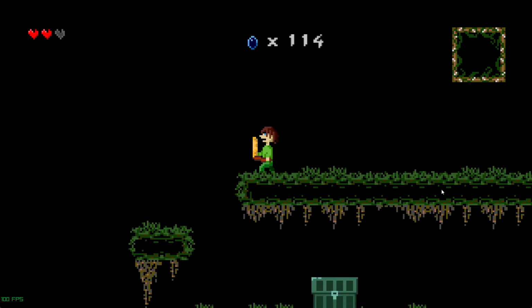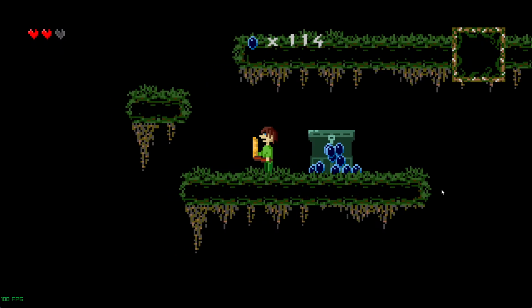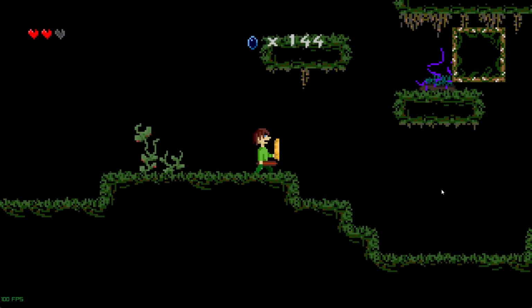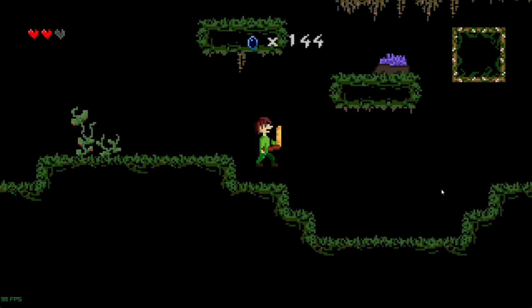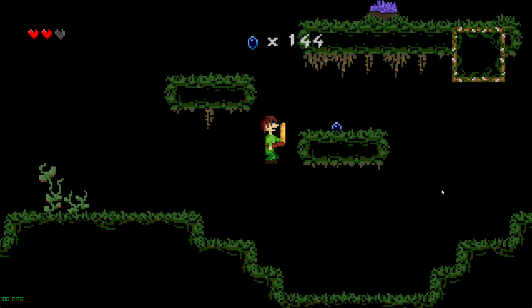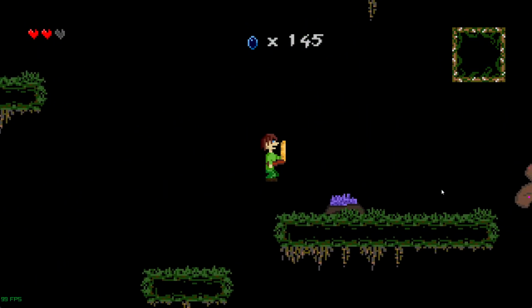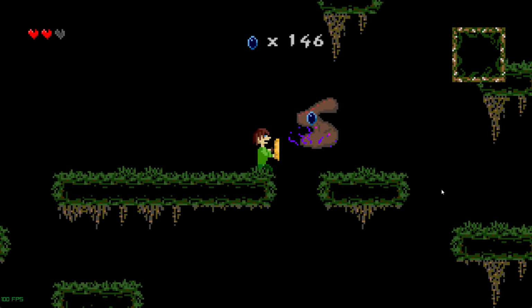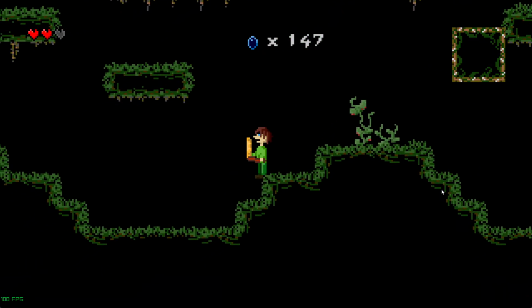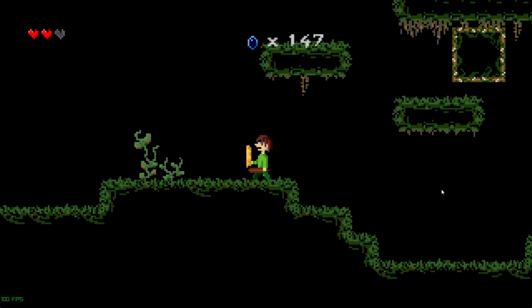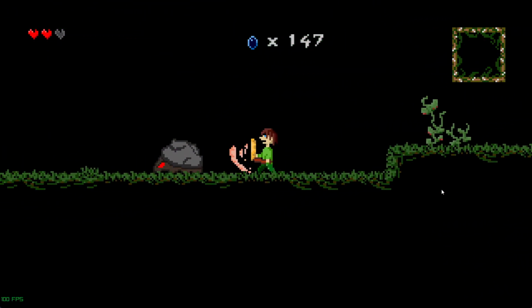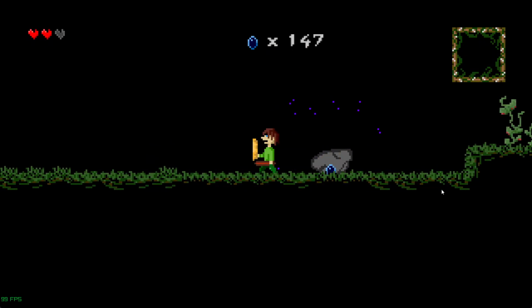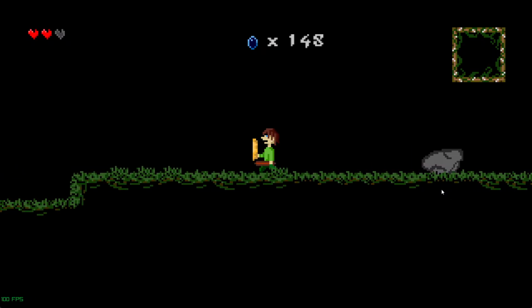I was debugging those guys earlier. I mean, it's kind of fun, actually. They feel a little bit more fun when they just jump around like that.